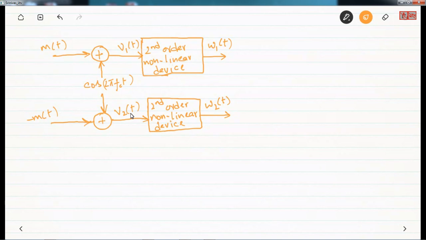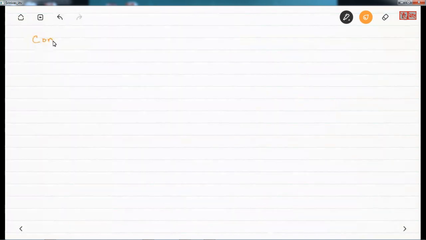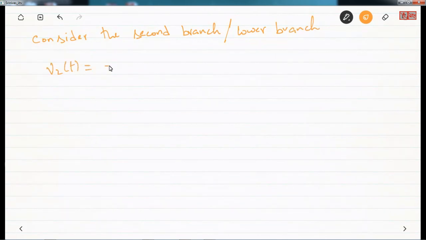So now consider the second branch, or the lower branch, right? Consider the lower branch. So v2 of t is minus m of t plus cos 2 pi f ct, and what is w2 of t?